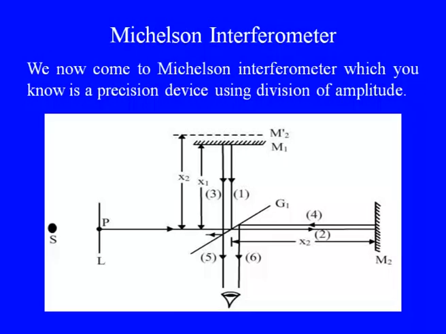We can imagine that the interference pattern is a thin film type interference pattern formed between the mirror M1 and the image of the mirror M2, that is M2 prime. The distances here are x1 and x2. So, the thickness of the film will really be the difference between the two, that is x2 minus x1.